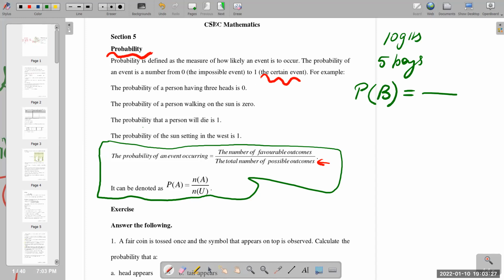You see why I ask you all these questions? Because I want to make sure you understand the difference between the two. 15 people in the class. That means out of everybody, which is the 15, how many persons are boys? Because I want to know what is the chance of picking a boy. So it's going to be 5 out of the total number of students, which is 5 over 15.